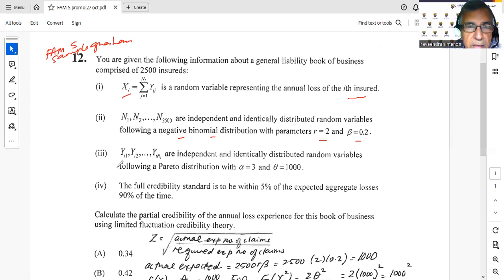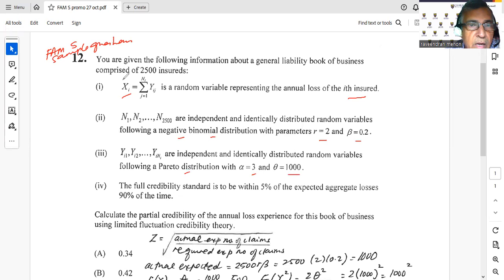Then they give me all these facts here. All the Y's are independent and identically distributed random variables following a Pareto with alpha equals 3 and theta is 1000.